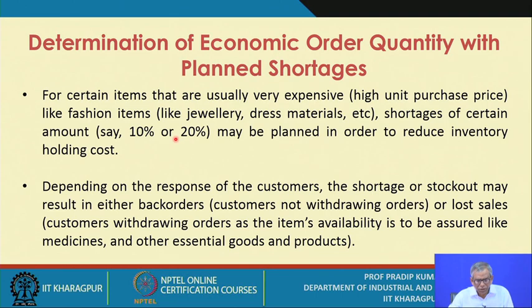This point is to be understood very clearly, because when you go for cost modeling for an inventory item, particularly in the probabilistic model, which we will take up later on, we will find that the shortage cost can be of two types. One is the back ordering cost, and the second is the cost due to lost sales. Both are to be considered.